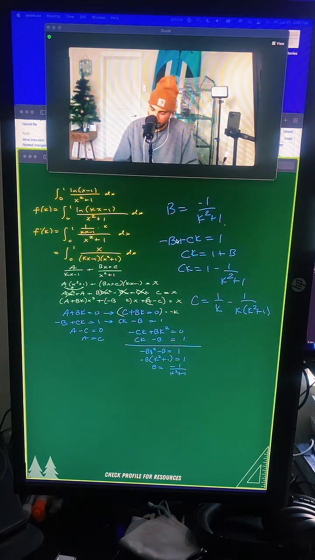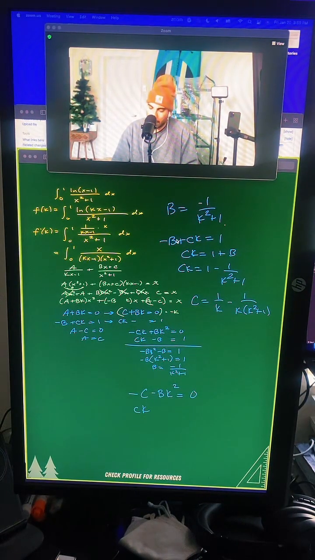Oh, the system. So let's see. I had negative c plus bk is equal to 0. Oh, bk squared. And then I had ck. Well, so it should be negative b squared. And then plus ck. Oh, no, minus b is equal to 1.